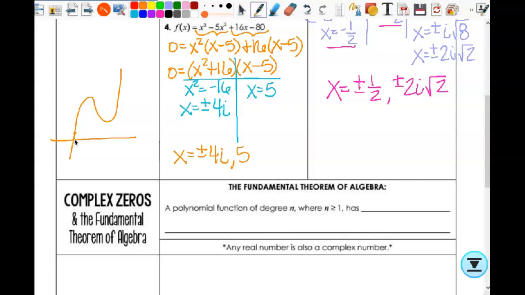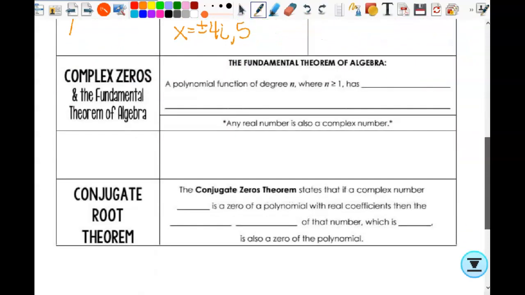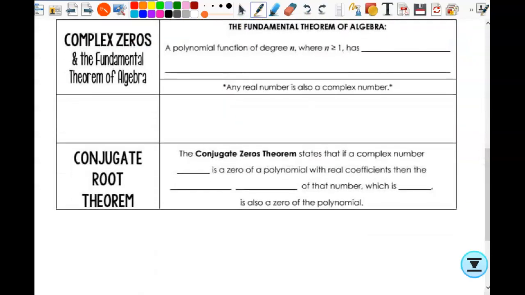All right. Good review. Let's talk about some things that kind of go along with this to solidify it a little bit. So the fundamental theorem of algebra says this. It says that a polynomial function of degree n, where n is greater than 1, has at least one zero, I think is what I want to say.